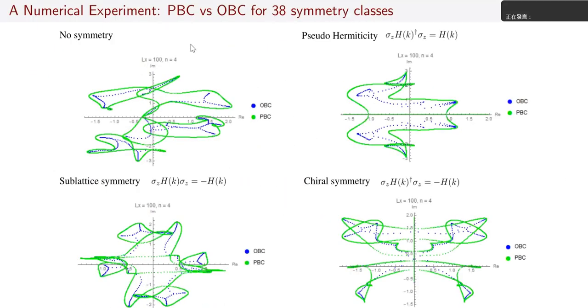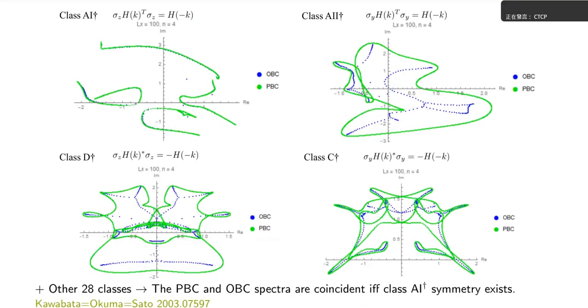Okay. Let me move up the slide. So eventually we find that the periodic boundary condition and open boundary condition spectra are the same if and only if there is a transpose type symmetry.